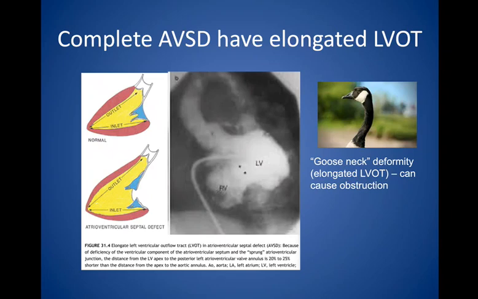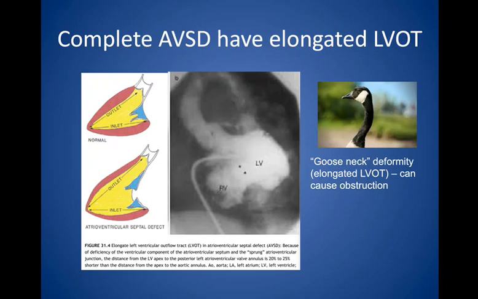The last thing I wanted to mention about AVSDs is that complete AVSDs can also have an additional finding, an elongated left ventricular outflow tract. Sometimes in echoes you'll see a mention of a gooseneck deformity, or just an elongated LV outflow tract.